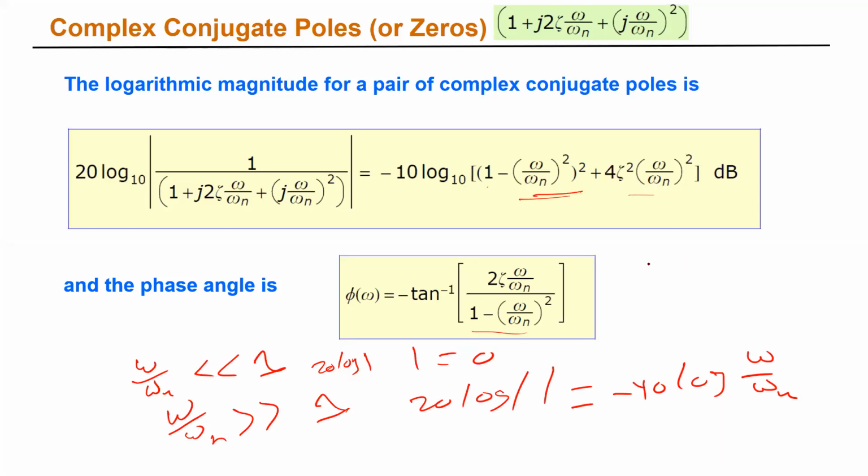Which means that my approximation will be 0 until omega equals omega n, and then it will go by a slope of minus 40 dB, as if I have two simple poles at the corner frequency. So the complex conjugate will be treated as two simple poles located at the corner frequency omega n.